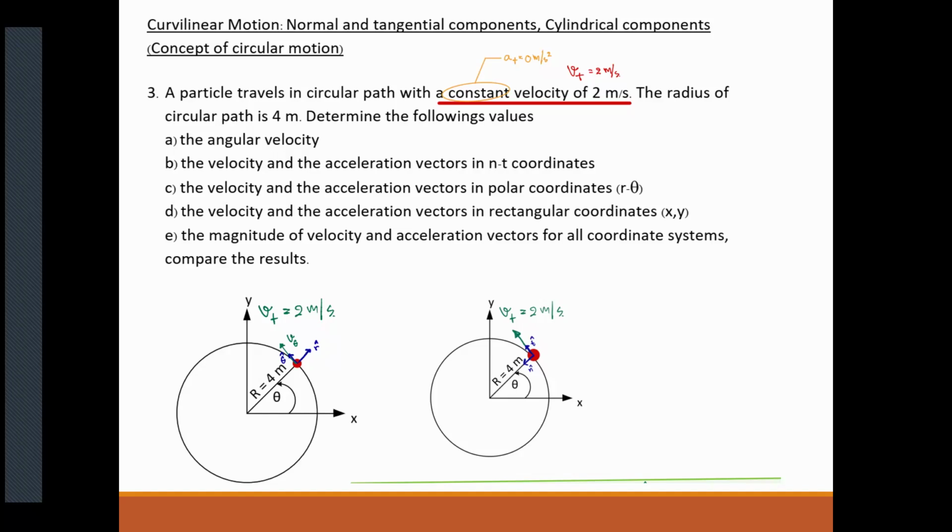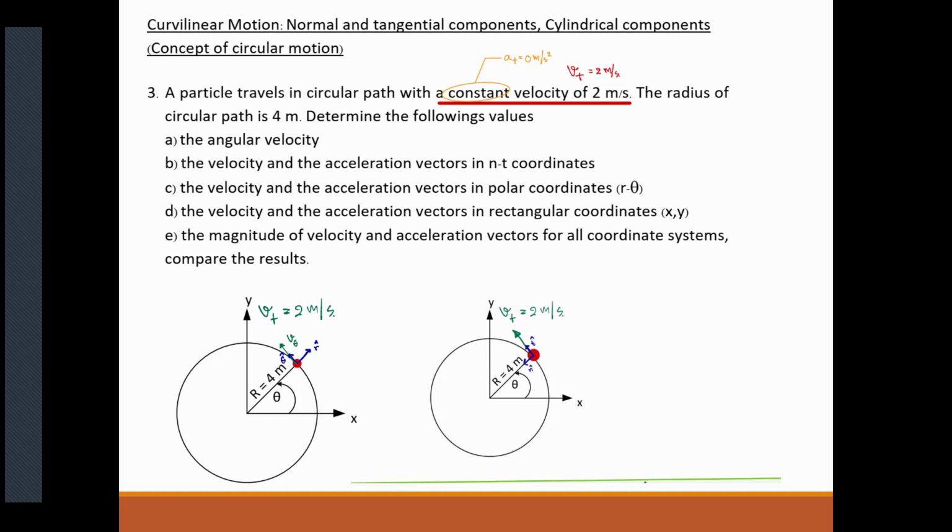For this case, the radius of the circular path is 4 meters, and we would like to determine the following values. First, the angular velocity, since the velocity is constant and the motion around the circular path also has an angular velocity.